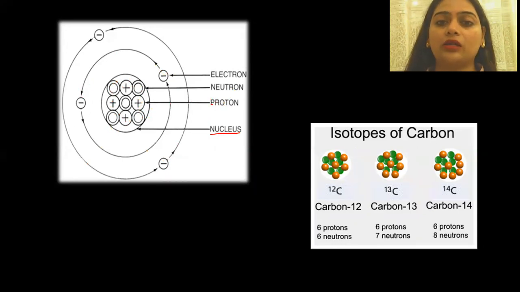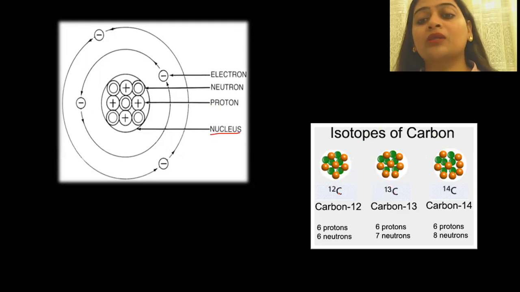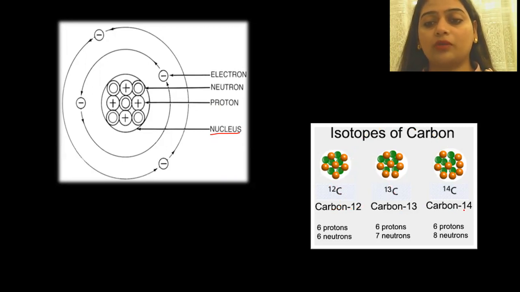Basically, if you look at this figure, which is there on the extreme right, I have shown three diagrams over here. One is for carbon 12, one is for carbon 13, and one is for carbon 14. Now, what is the basic difference between these three?